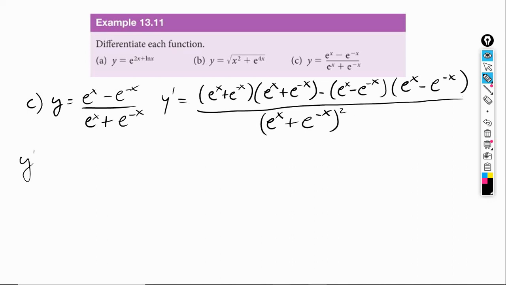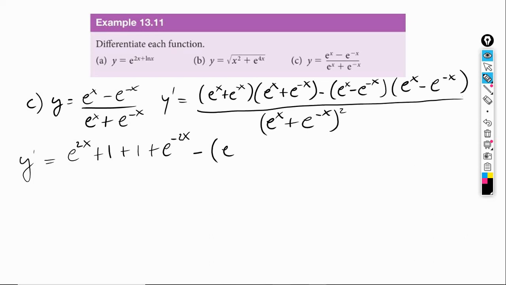So then we can just expand the top by applying the distributive property, and we're going to get e to the power of 2x plus e to the 0, so that's 1, plus e to the 0, so that's 1 again, plus e to the power of minus 2x. And this minus, here we have to be careful with the parentheses, so I'm going to use a parenthesis for the whole expression.